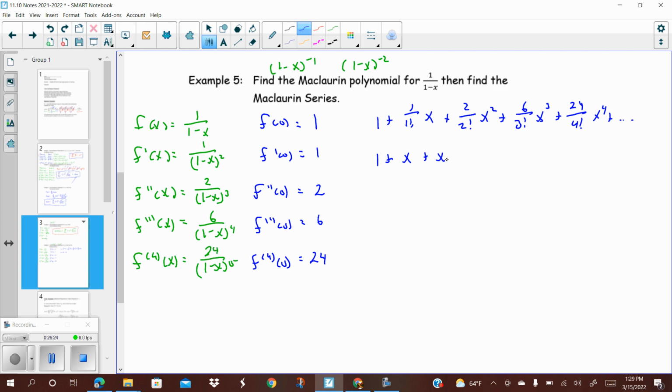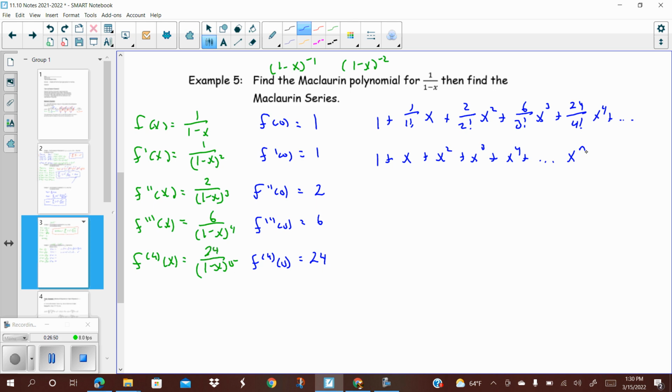So that's x squared. 3 factorial is 3 times 2 times 1, which is 6. So that's 6 over 6, which is x cubed. And you guessed it, 24 over 4 factorial is also 1. So that is x to the fourth, and so on, which means that my ultimate nth term here is just going to be some kind of x to the nth power.